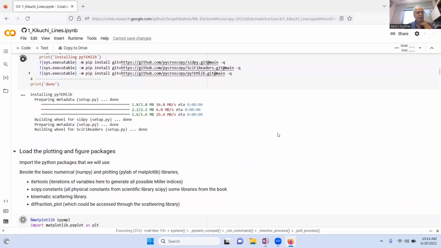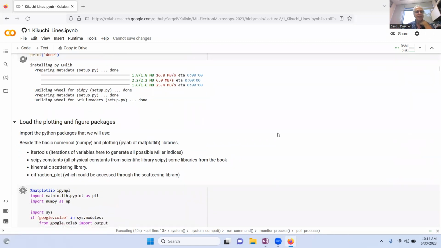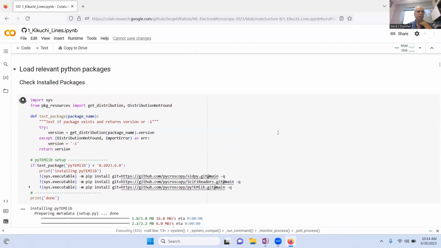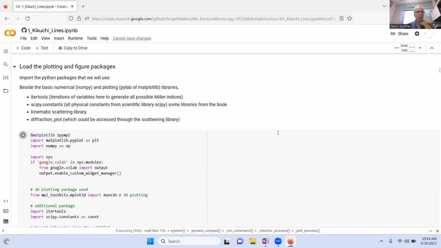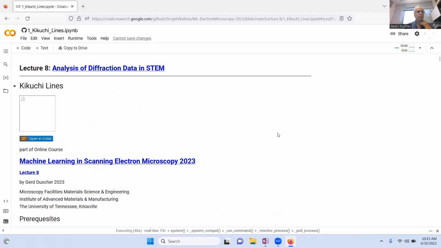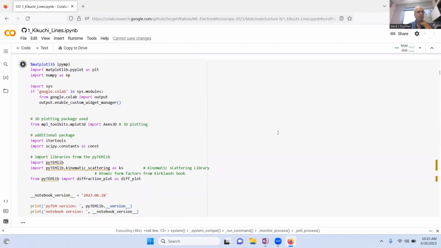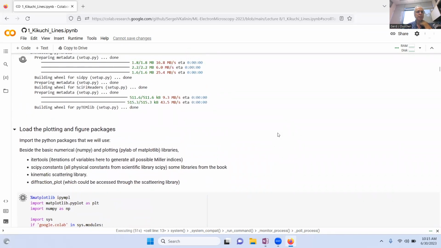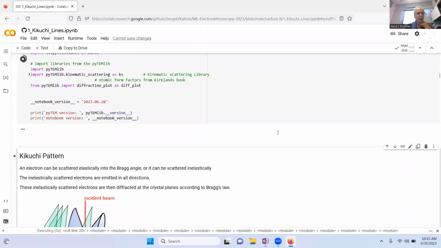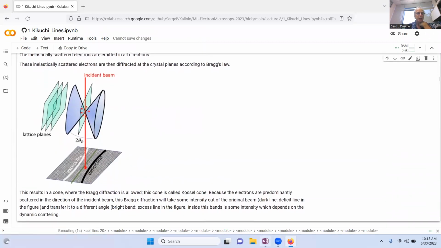The Kikuchi lines are the bisection between, say, this is our 0 point, here would be our Bragg peak, and the Kikuchi line is just a bisection between them.